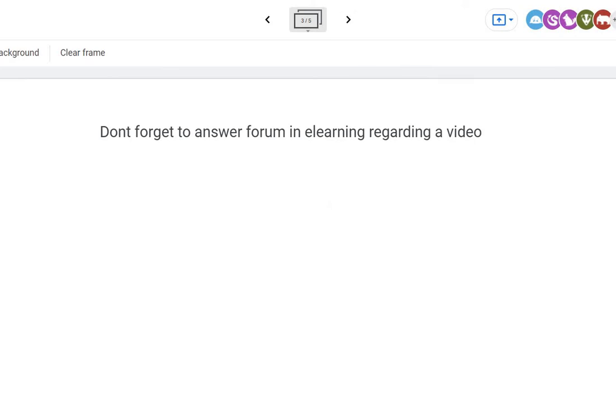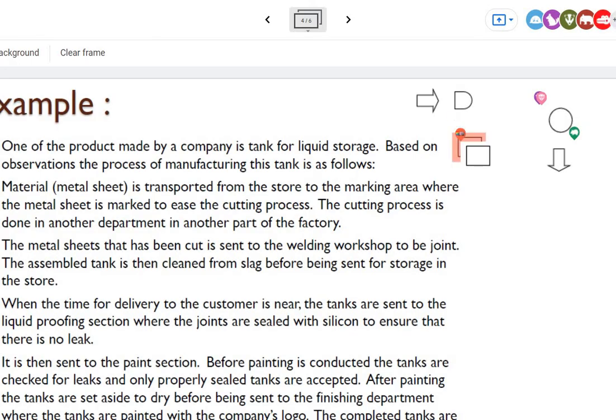And also go to the Jamboard to fill in beside this question. Okay, I give you 10 minutes to try. Just put what is the answer.